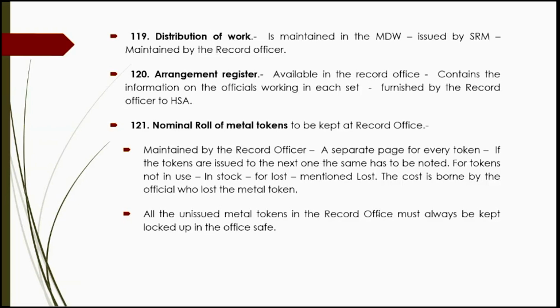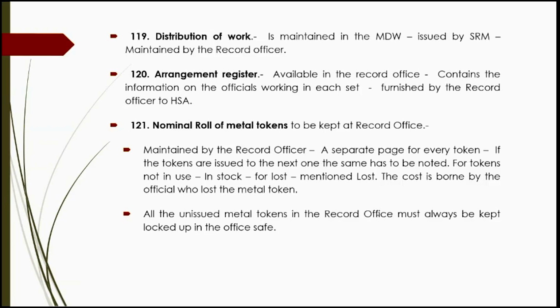Who will issue this Memorandum of Distribution of Work? It will be issued by the superintendent. Please keep in mind, MDW is issued by the SRM. It is maintained by the record officer, and based on it, the HSA, who is next to the record officer, will be assigning the work. So MDW issued by the SRM is maintained by the record officer.